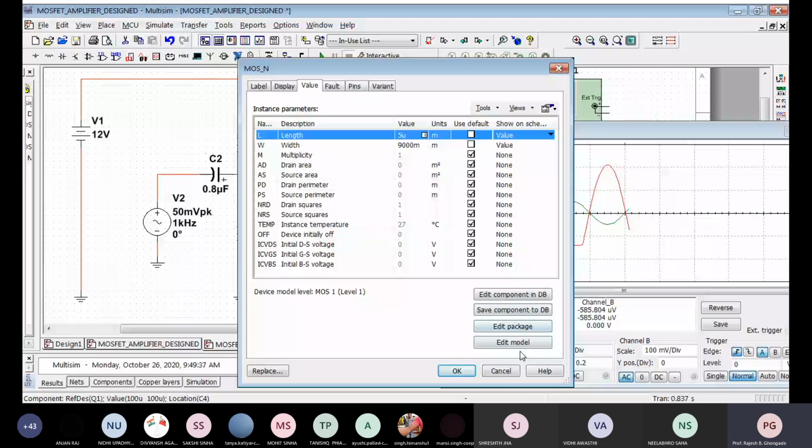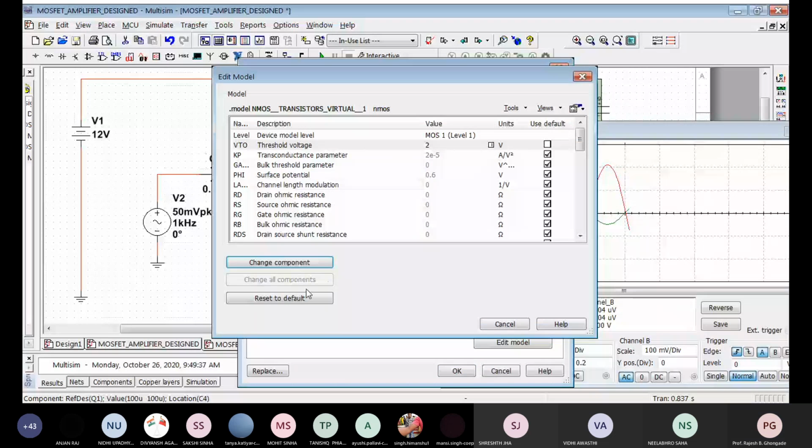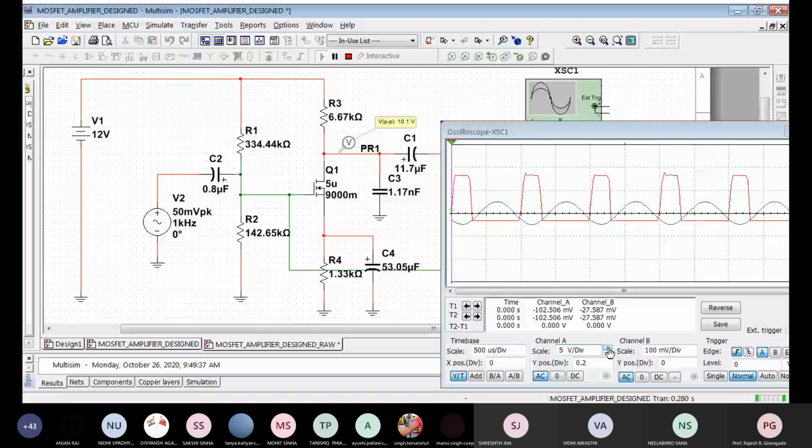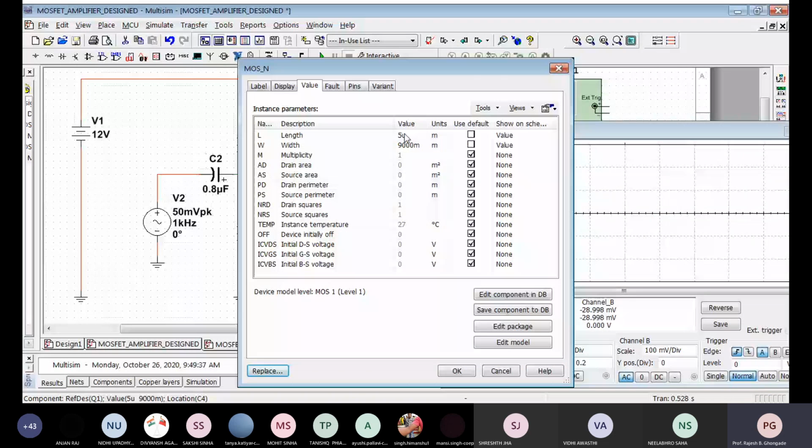Of course, I'll have to change VT also. So you can see that these parameters play a very important role. Let me see what has gone wrong here.